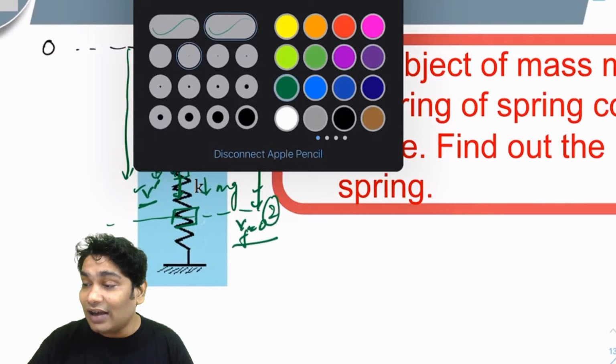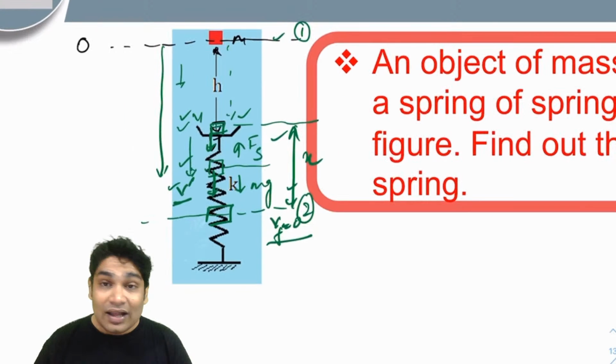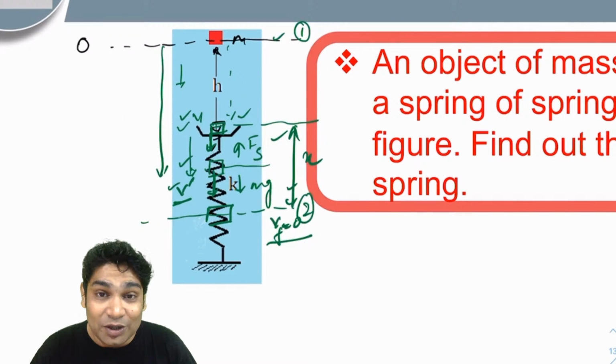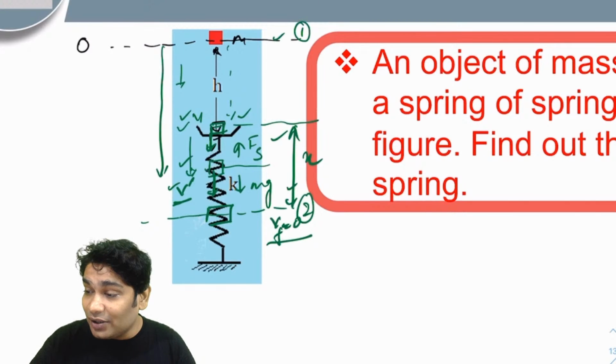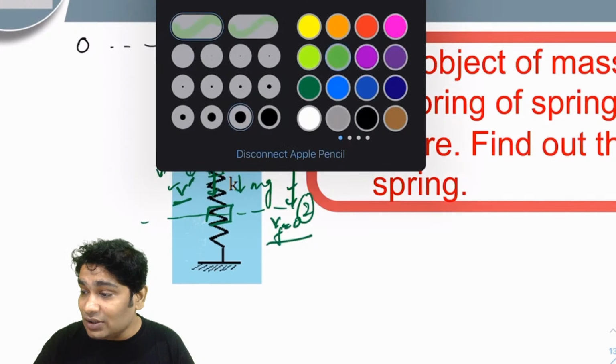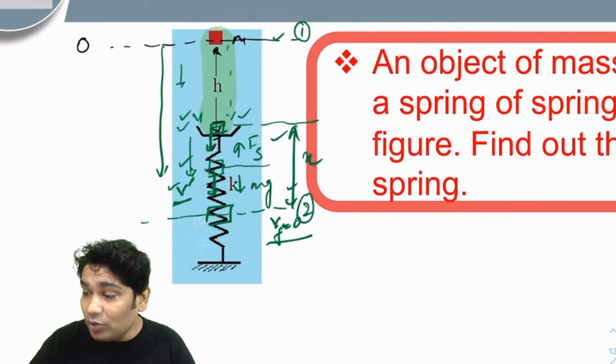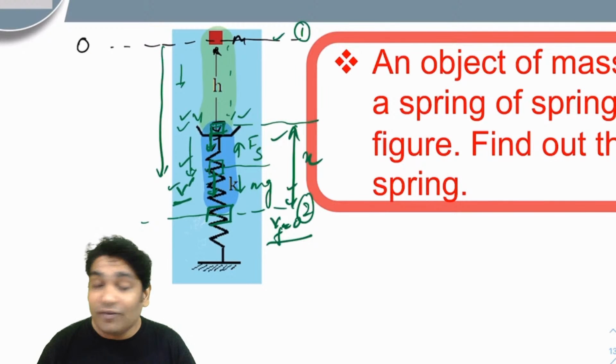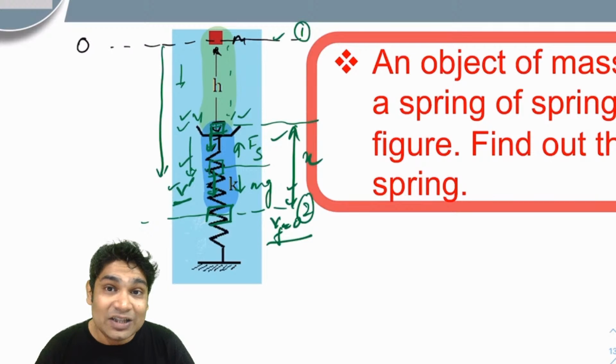Now that I have analyzed this, let's take a look at what forces were acting during the motion of this object in the entire duration. From here to here the force acting was mg. Then, when it moves from here to here, the forces acting were mg and the spring force.